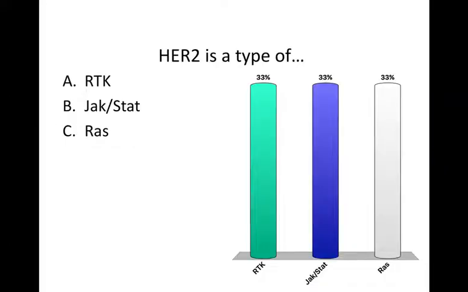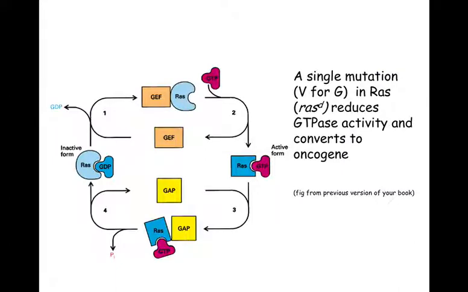Okay, here's an H5P question for you. All right, RAS, we've talked about RAS a lot in this class. RAS is a common oncogene. If you just switch out a valine for a glycine in RAS, it becomes RAS-D, which is an oncogene. This oncogene has reduced GTPase activity, this molecule right here.